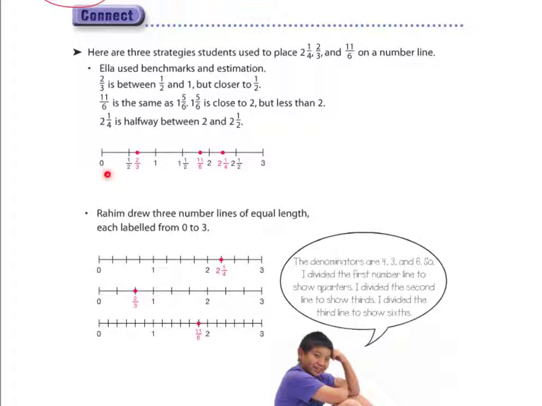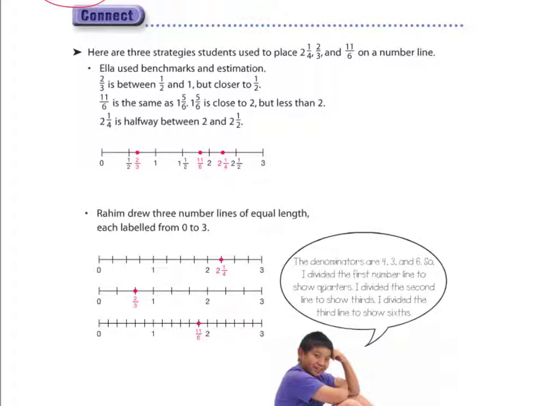So we've got 0, we've got 1/2, we've got 1, 1.5, 2, 2.5, and finally 3, because we've got more than 2 here, so we go all the way to 3. So she's got 2/3, which is close to 1/2 but slightly bigger. And then she has 11/6.